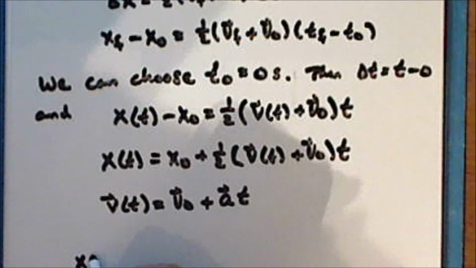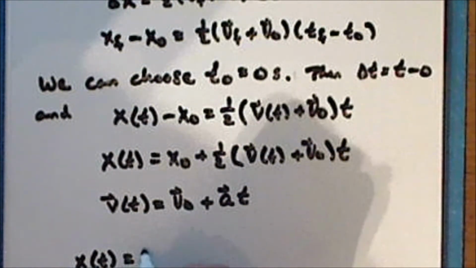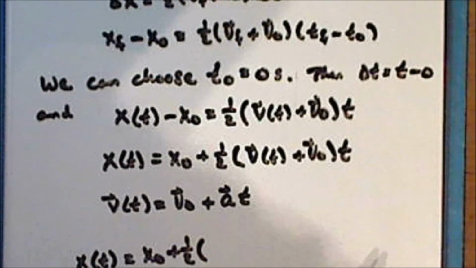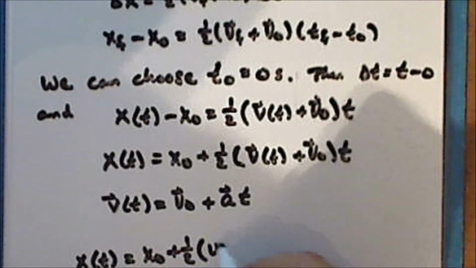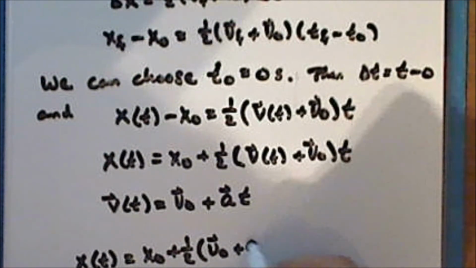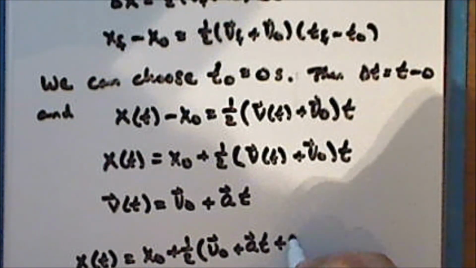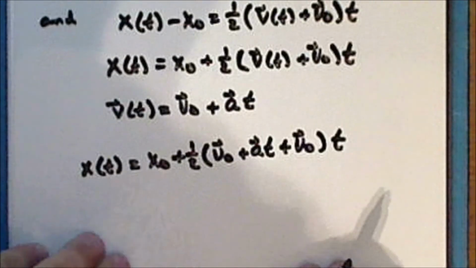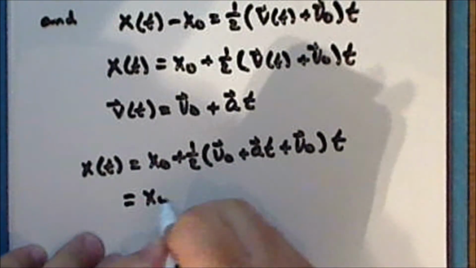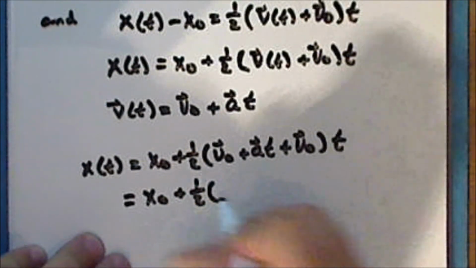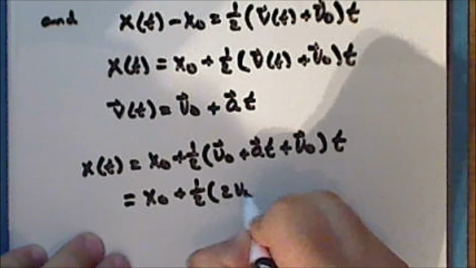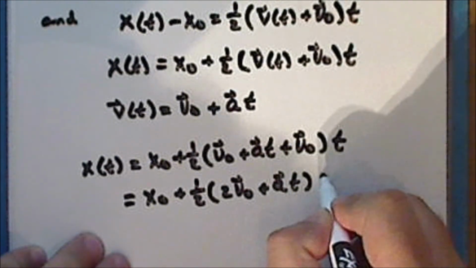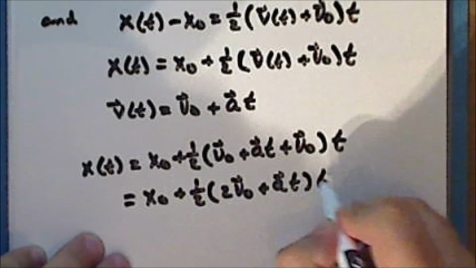And so the position at any time t is equal to the initial position plus 1/2 the quantity, the initial velocity plus the acceleration times the time plus the initial velocity, times the time, which is the initial position plus 1/2 of the quantity 2 times the initial velocity plus the acceleration times the time, all of which is multiplied by the time t.